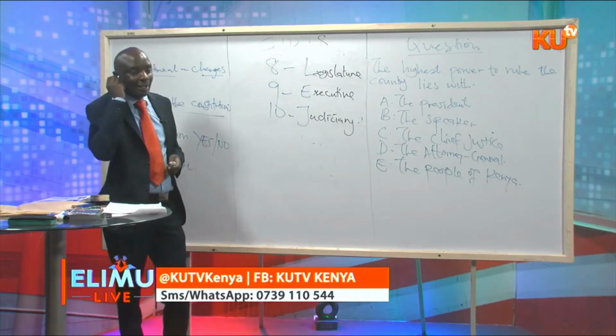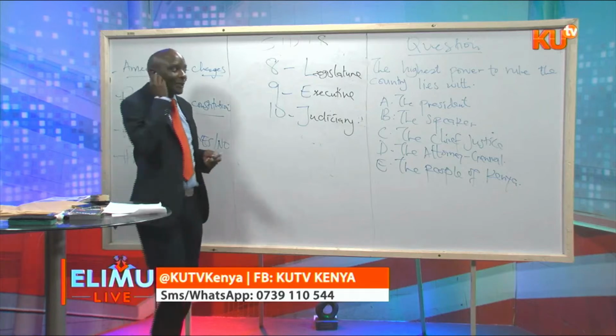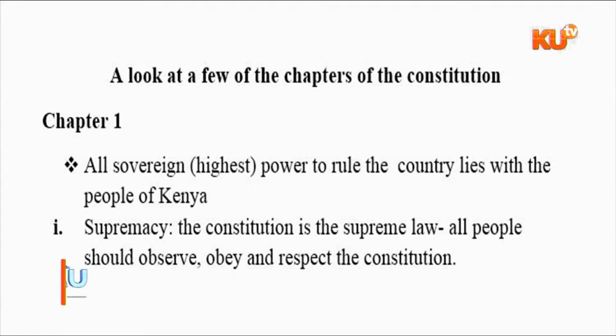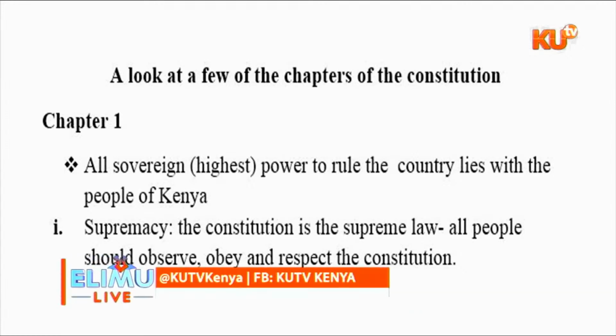Even if you look at this question, we are going to get it from chapter 1. Chapter 1 talks about the supremacy and the sovereignty of our constitution. So it says all highest or sovereign power to rule the country. I know that sometimes we look at this answer as being correct.